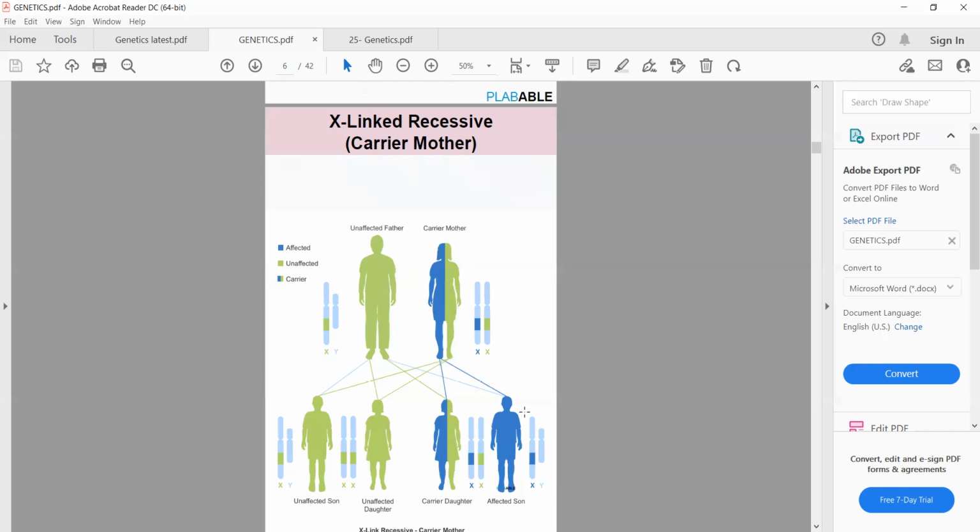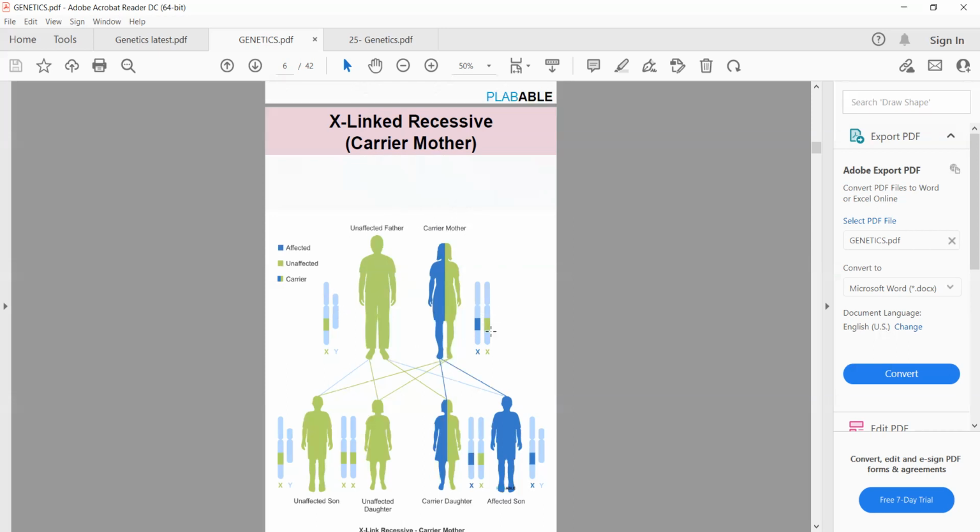But because there is no second X chromosome in males, that's why only one recessive gene can cause the disease in males. So again, because we have got that the mother is a carrier, we will focus on the mother. Father is unaffected, so we do not need to look at the father.